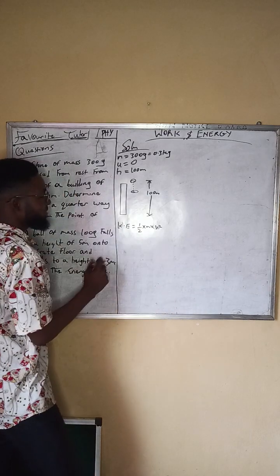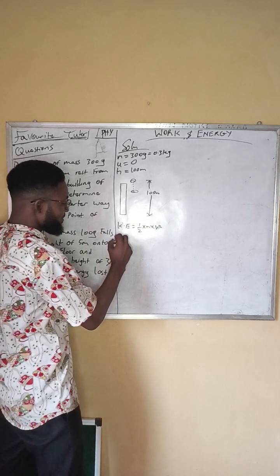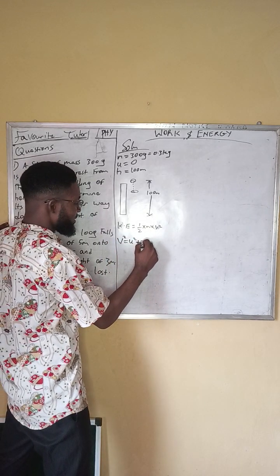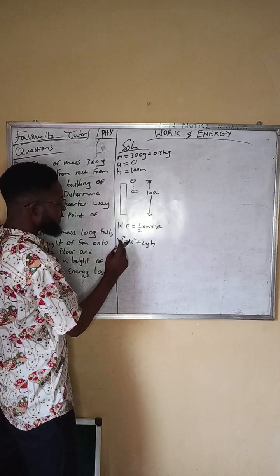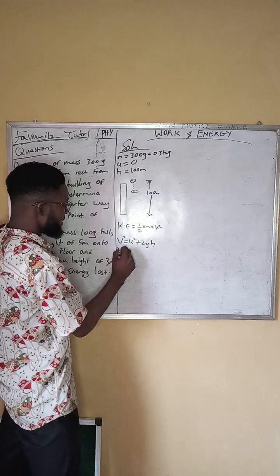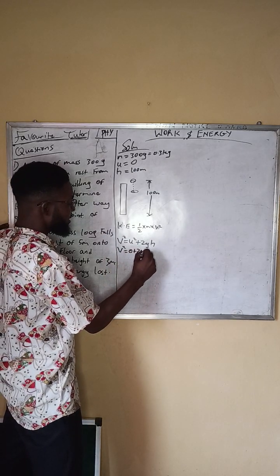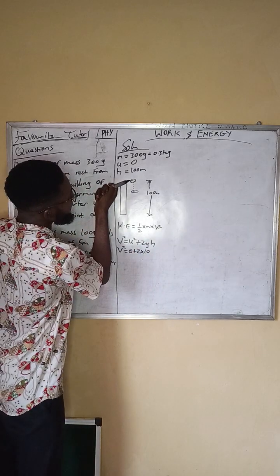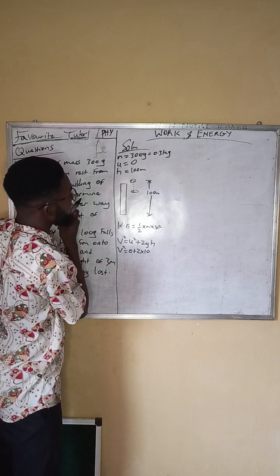So we look for the velocity using the equation of motion under gravity. v square equals u square plus 2gh. So the final velocity v square, initial velocity is 0, plus 2 times 10. Then the distance, from the initial to the final here, is quarter way.